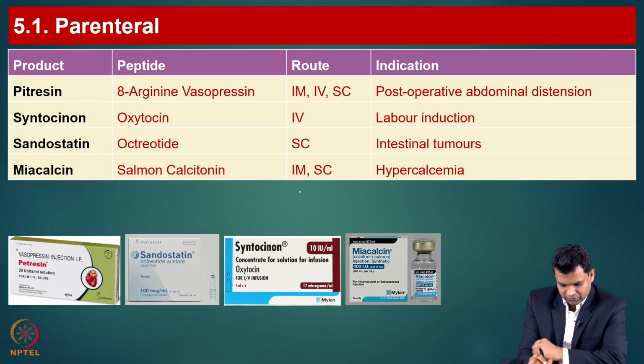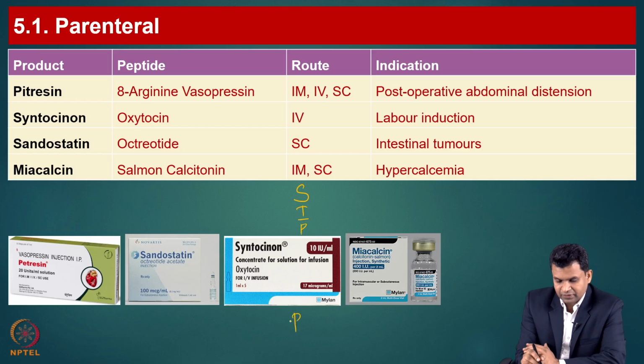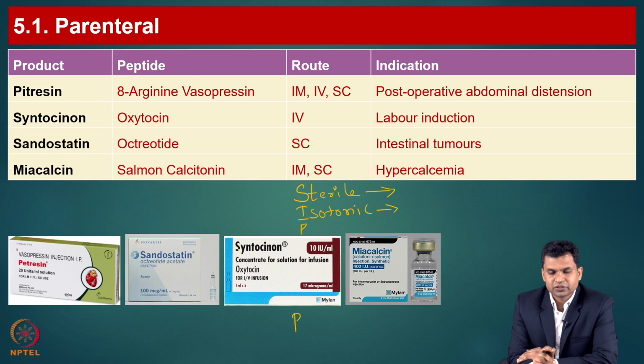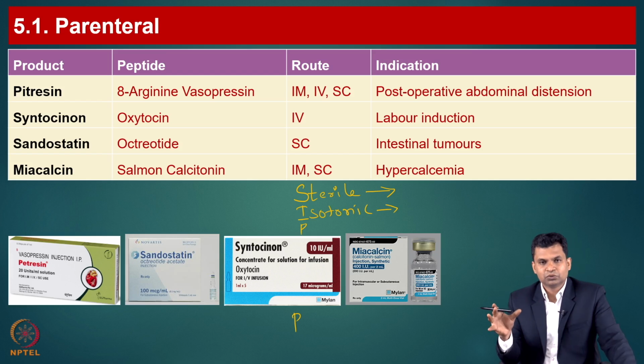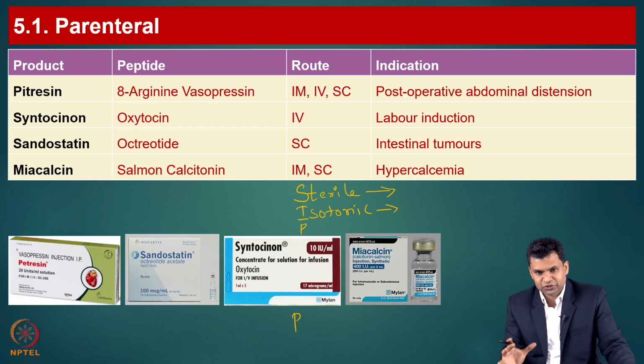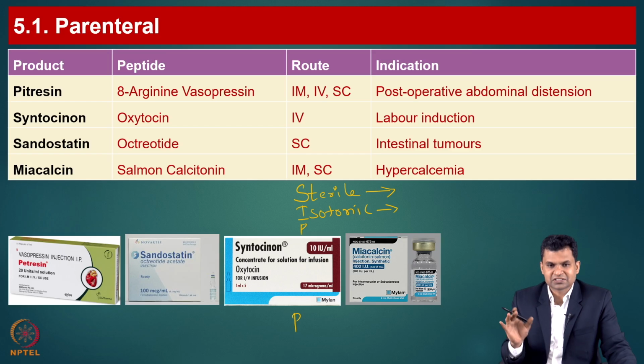It can be abbreviated as S, I, P and P. If you are claiming your product as parenteral, it should be sterile, that means free from all types of living microorganisms. Second, your product needs to be isotonic, that means the solute concentration of your formulation should be equal to the blood solute concentration, equal osmotic pressure with the blood, that is called isotonicity.